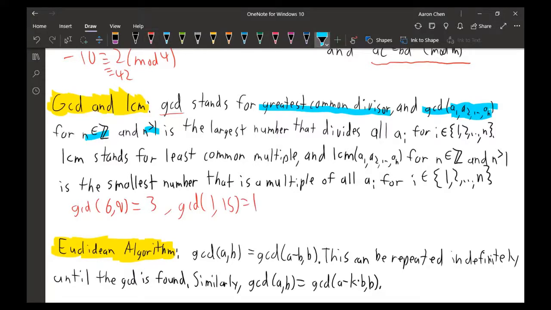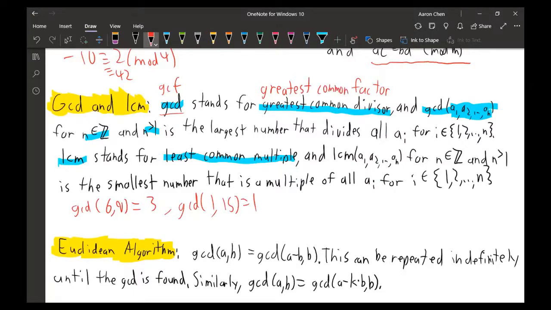And so next is LCM, which stands for least common multiple. Another thing to note is that sometimes the greatest common divisor also gets abbreviated to GCF, which is the exact same thing.